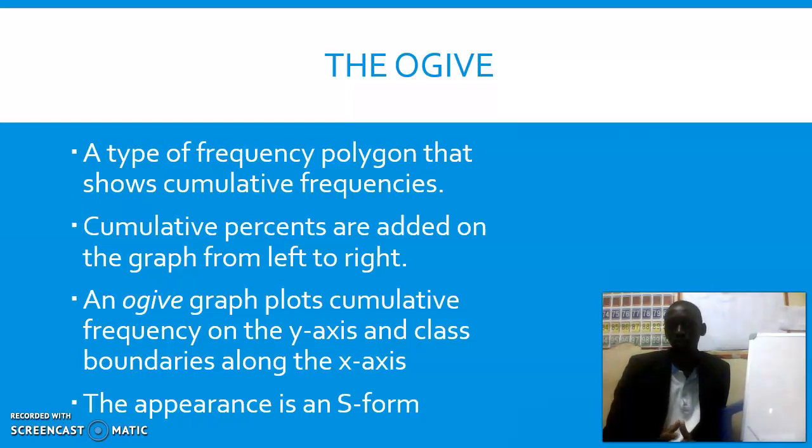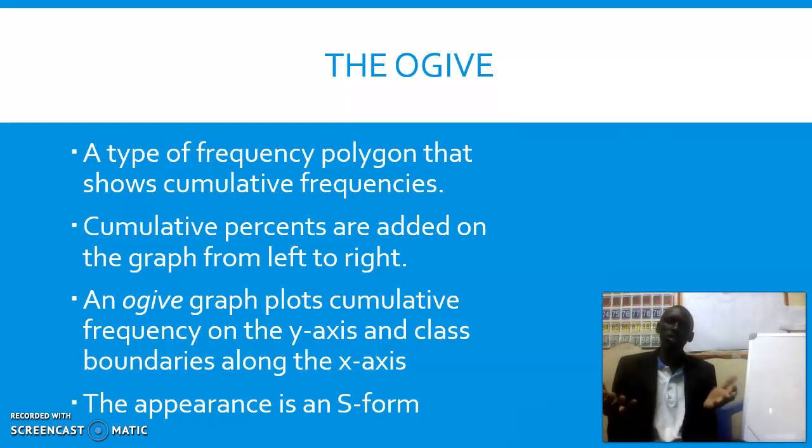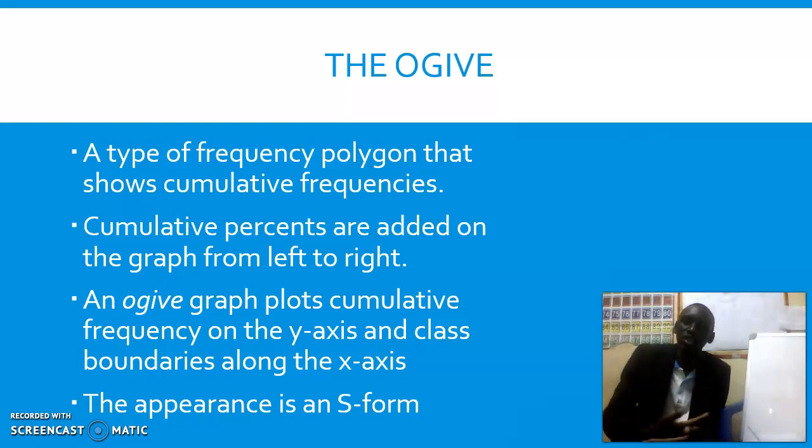An ogive graph plots cumulative frequency on the y-axis and class boundaries along the x-axis. Now, whereas we are saying class boundaries along the x-axis, that doesn't mean that we should label that axis as class boundaries. We actually should label that horizontal axis with what particular attribute was being measured.